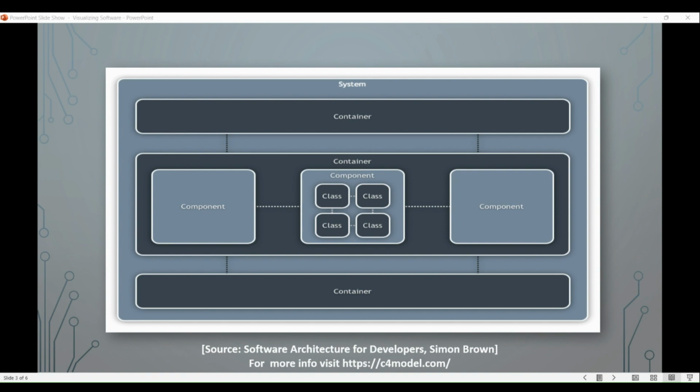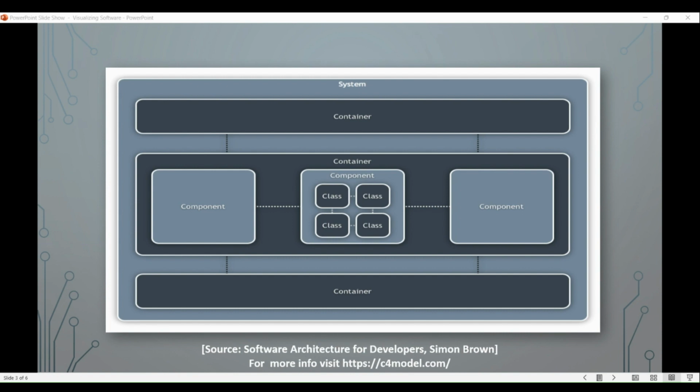And then he said that you don't need to use all the four levels of the diagram. You can use only those that add value. Like the system context and the container diagrams are sometimes sufficient for many software development teams or projects. So the different levels of zoom allow you to tell different stories to different audiences.